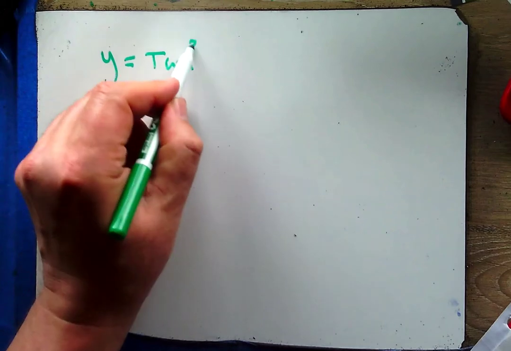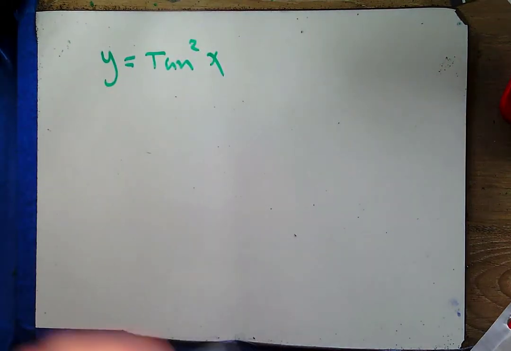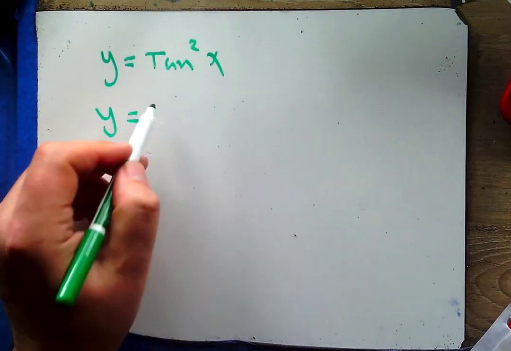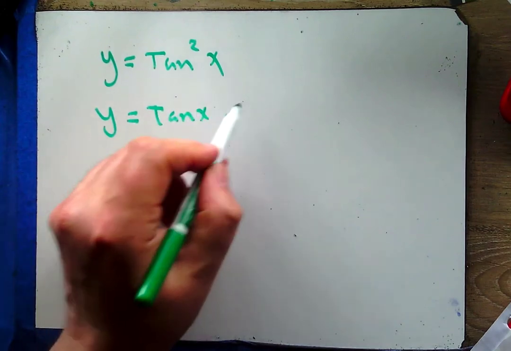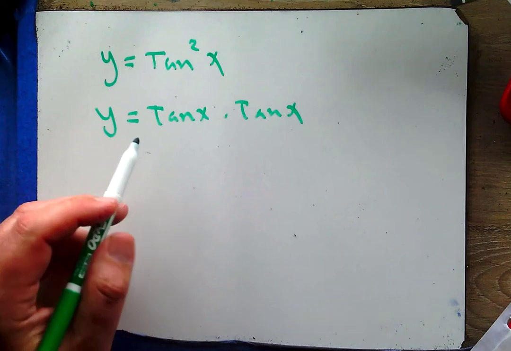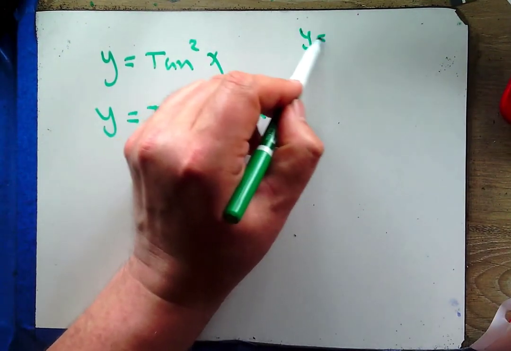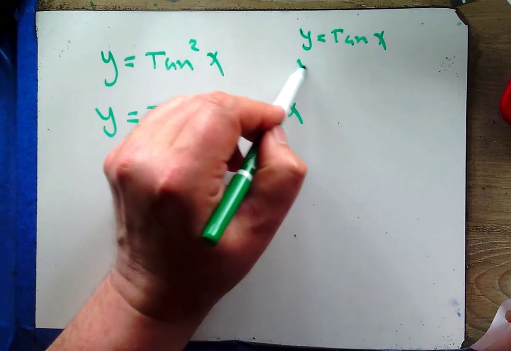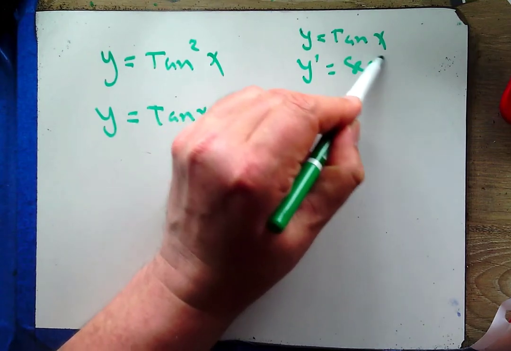So, what about this? Can we say something about y equals tangent squared x? Well, by following that same pattern of tangent x times tangent x, I see a product rule. And we know that the derivative of tangent is secant squared x.